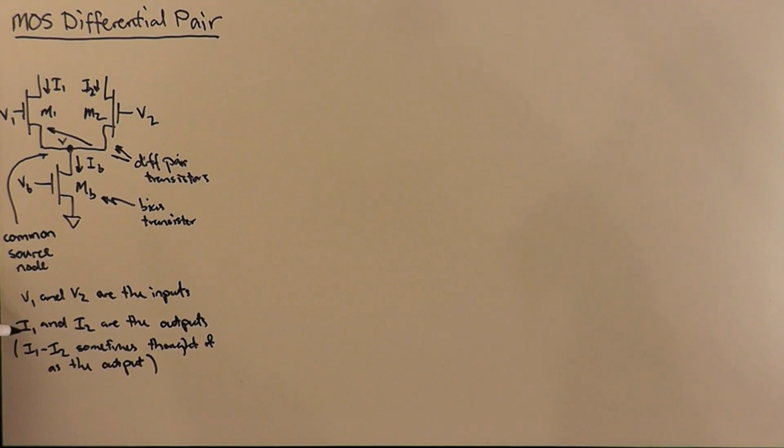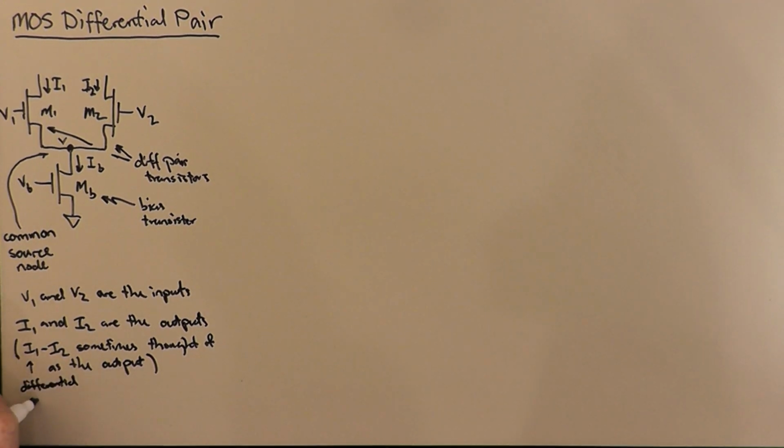It'll be convenient to think of I1 and I2 separately as the outputs of the circuit, and sometimes it'll be convenient to think of the so-called differential output current, I1 minus I2, as the output.